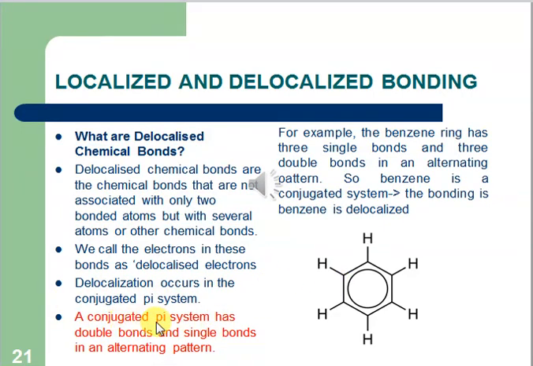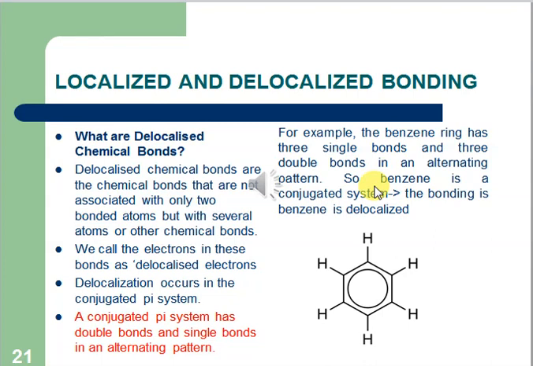For example, benzene has 3 single bonds and 3 double bonds, such that one double bond is followed by a single bond, then a double bond, then a single bond. Whenever there is alternation of double and single bonds, the system is said to be conjugated, and whenever the system is conjugated, the bonding is called delocalized bonding.